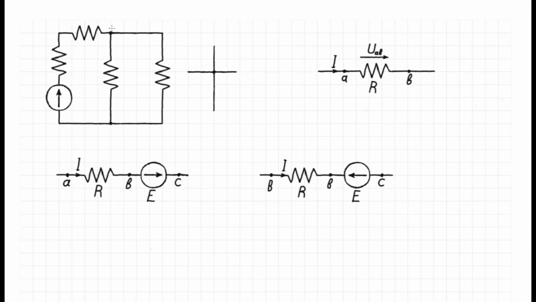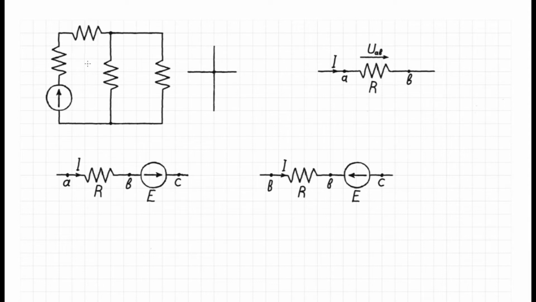A knot of a circuit is a point where branches are connected to one another. Any knot contains no fewer than three branches.